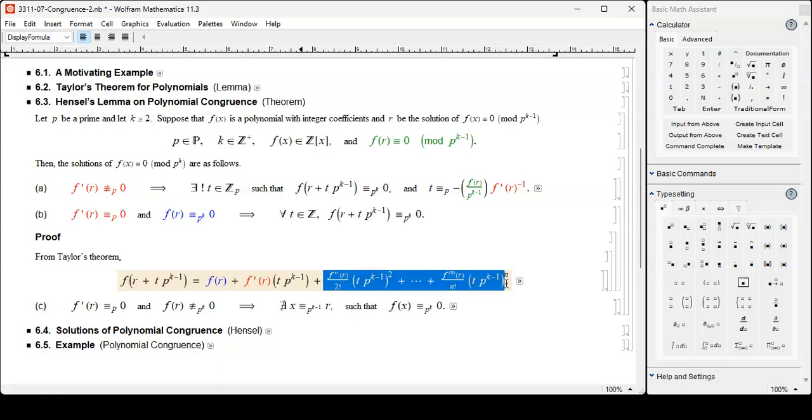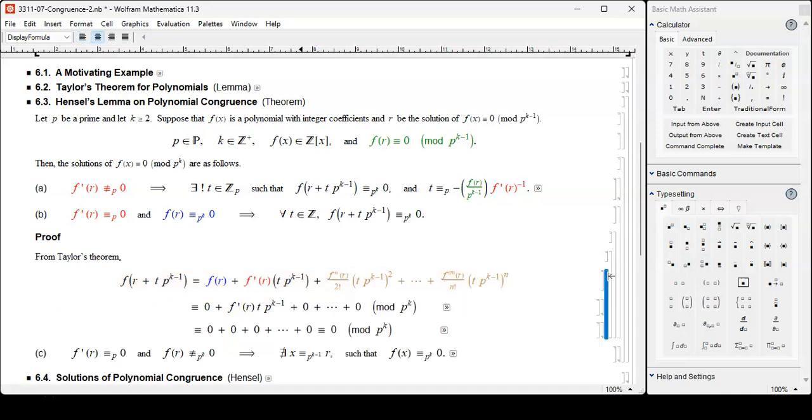And then all these are always zeros because p to the k power will divide all those. So that's what you're going to get. These are all zeros for the same reason that we discussed in part A. And that's 0 because the derivative is 0. And finally, f of r, that is 0 because of the new condition.